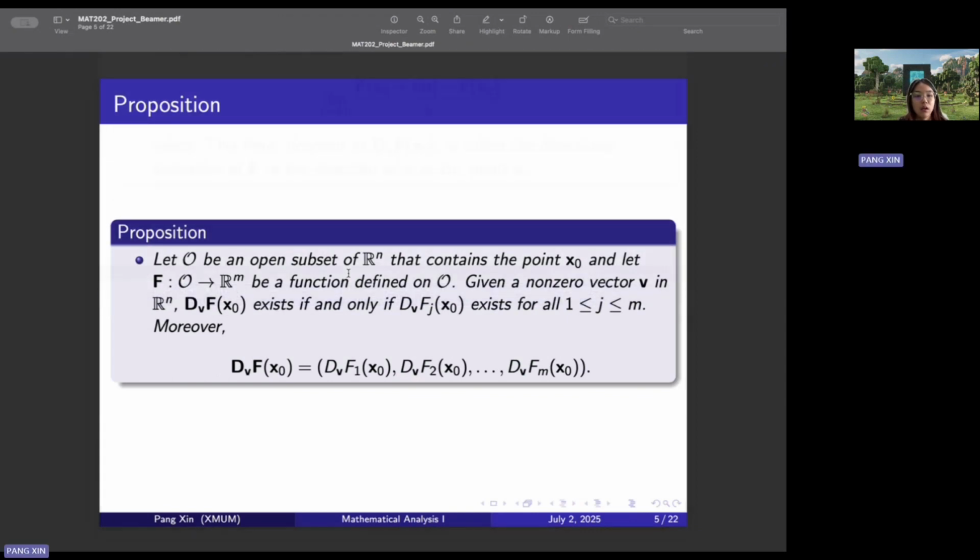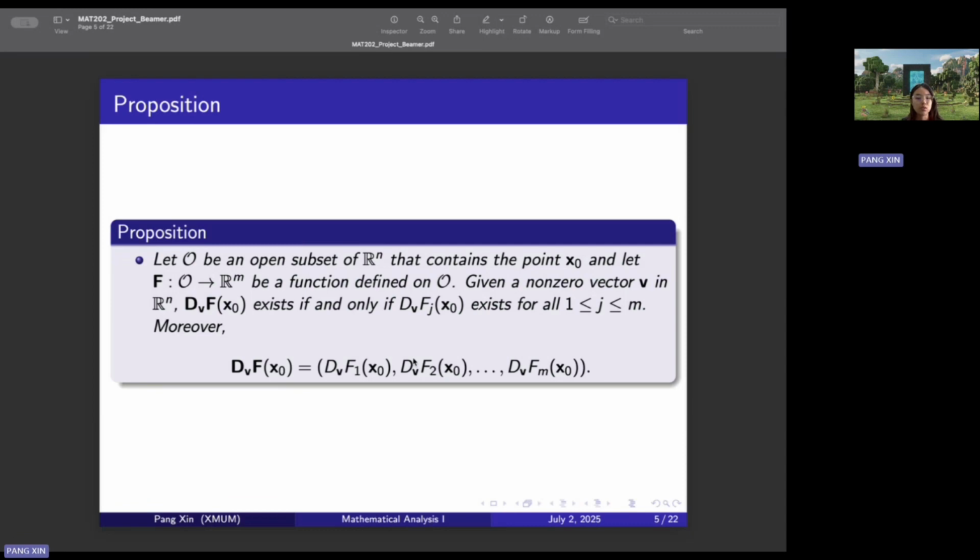Moving on, we have a proposition related to the directional derivative. The proposition says that the directional derivative of a vector value function exists if and only if all components' directional derivatives exist. And we need to prove the derivative of the whole function is just a vector made up of each component's derivative.